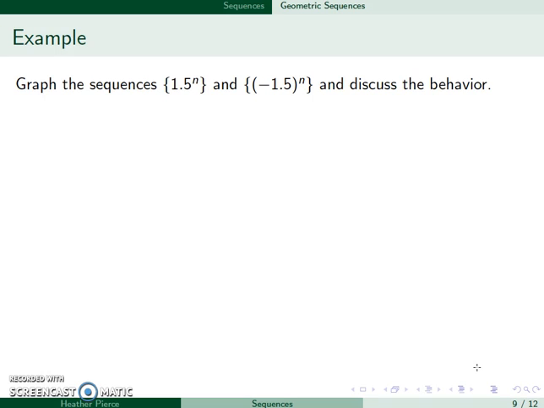Next, let's look at 1.5 and negative 1.5 to the n. So looking at the first one, 1.5 to the first power is just 1.5. 1.5 squared is going to be 2.25.